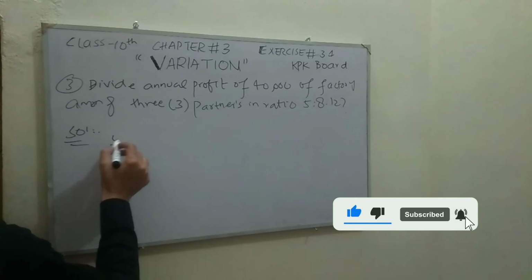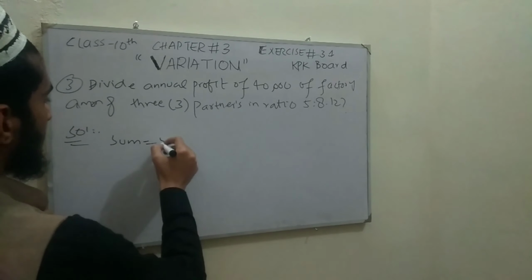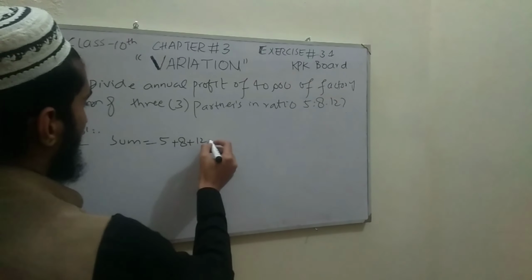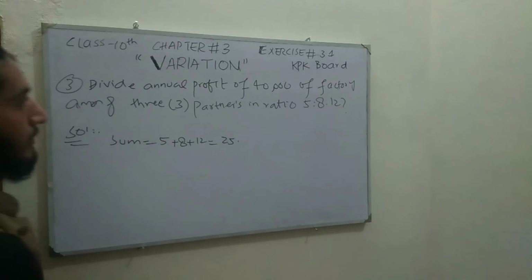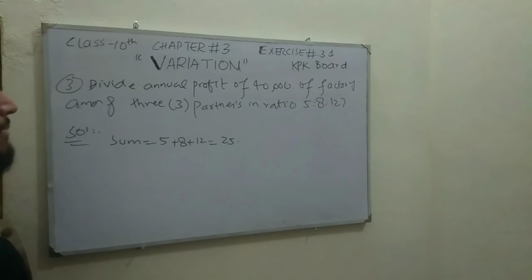Sum of the ratio will be 5 plus 8 plus 12, which gives us 25. Now we are going to find the share of the first partner.